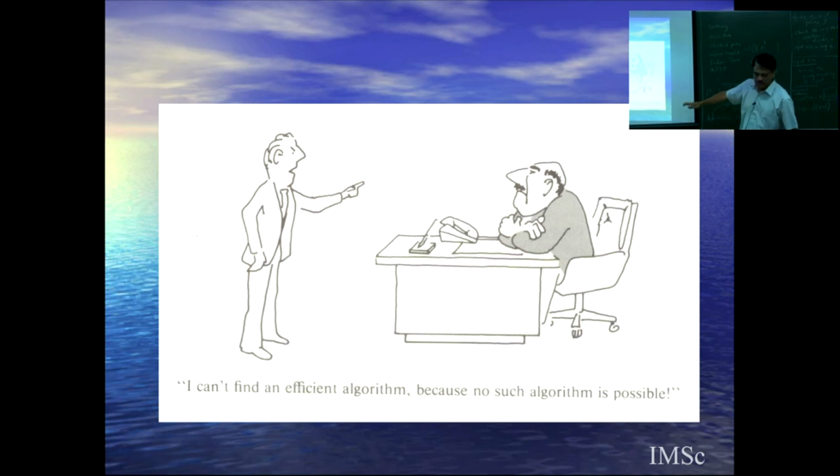Well, we cannot say that as well. We do not have machinery to prove such lower bounds, like non-polynomial lower bounds. We can prove lower bounds for linear, n square, but so far we do not have enough machinery to prove such lower bounds. Okay.